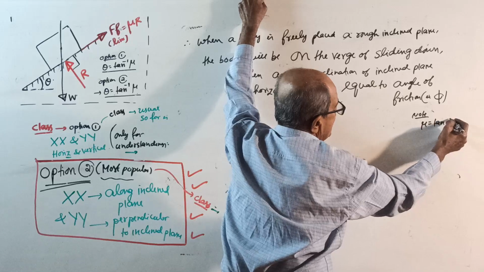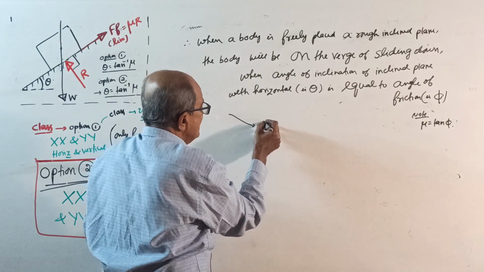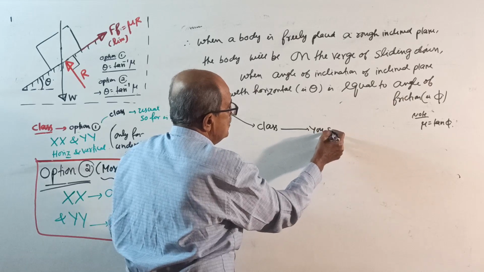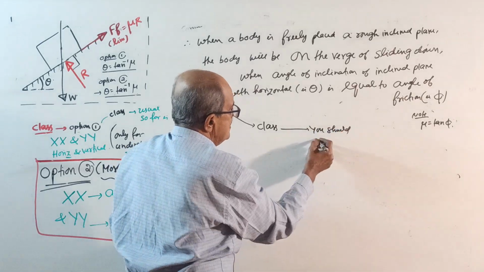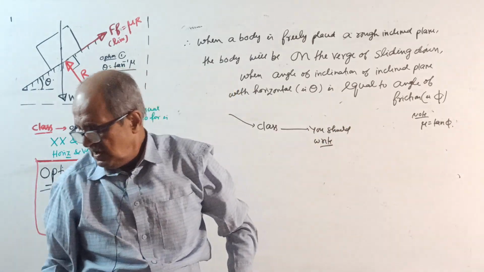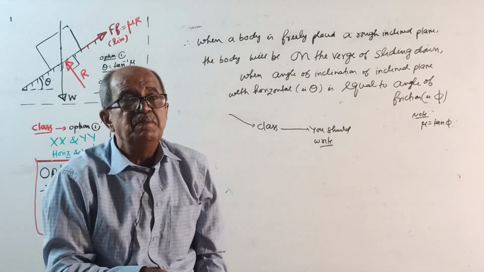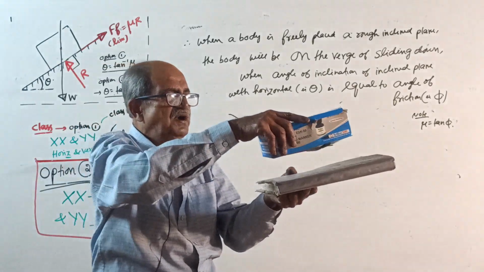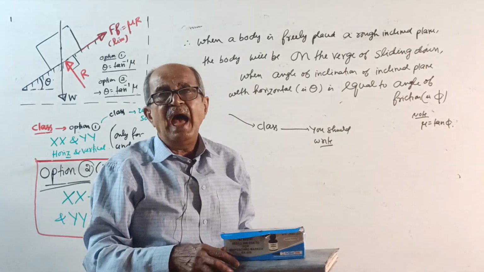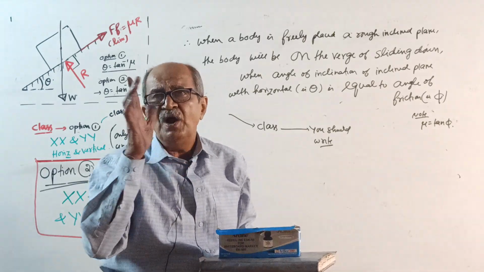Okay, tan phi. Now in the class I will explain something. You should write it. Just imagine for this contact surface, angle of friction is anything, say I told 21.6 degrees.